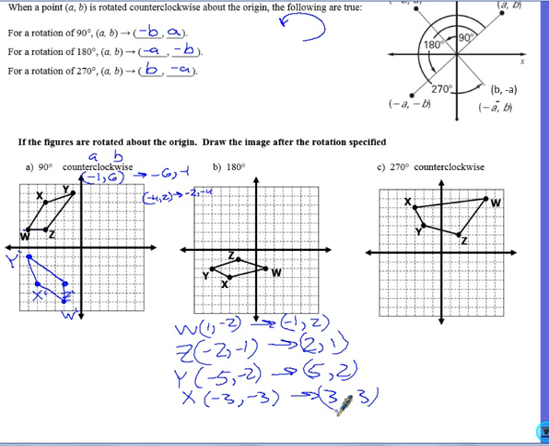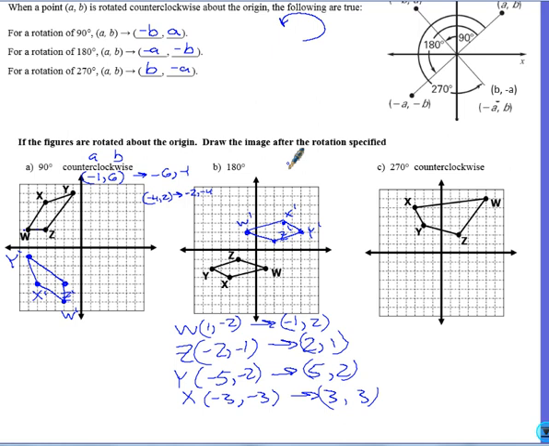Now it's just a matter of plotting those points. (-1, 2) is W prime, (2, 1) is Z prime, (5, 2) is Y prime, and X prime is at (3, 3). Again, just go ahead and connect the dots. And that is a 180-degree rotation.